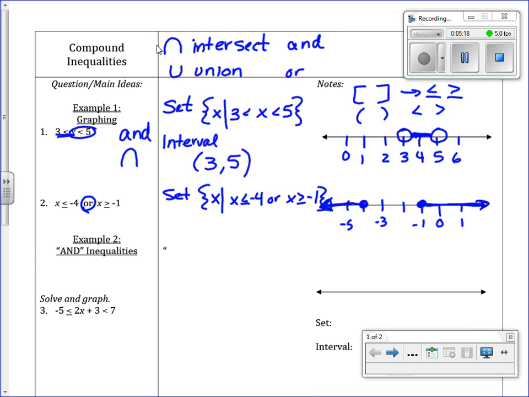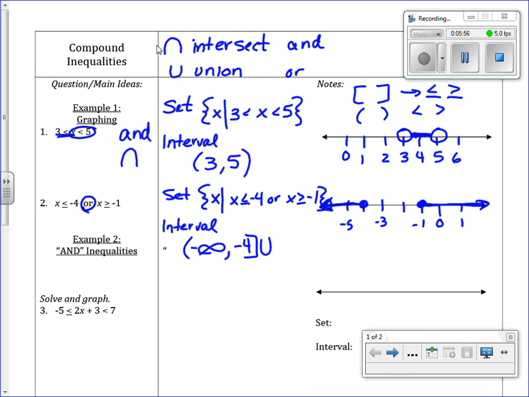Okay? Now, if I was to go ahead and write this up using my interval, okay? Now, because it can go from negative 4 all the way down, I'm going to have it set up like this. Negative infinity, comma, negative 4. There's my bracket because it says less than or equal to.